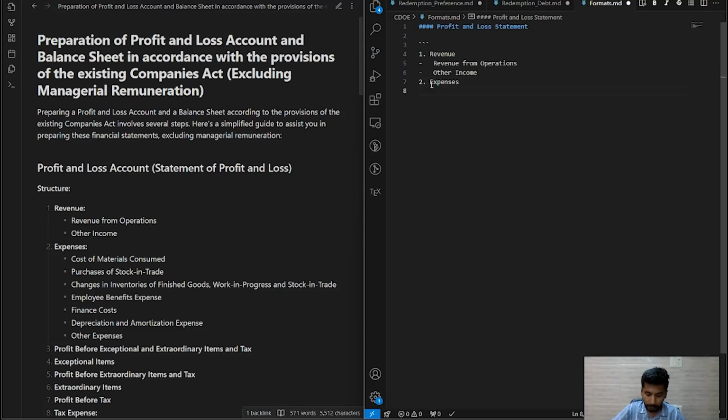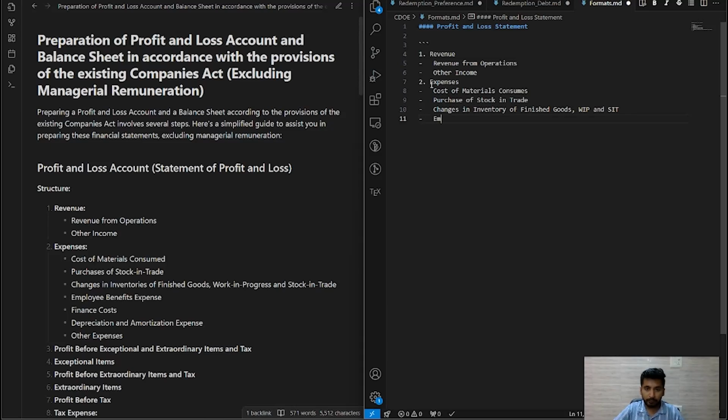In the expense, we want to talk about cost of materials consumed and purchase of stock in trade, also known as SIT. After that, changes in inventory of finished goods, work in progress, and SIT. SIT stands for stock in trade.